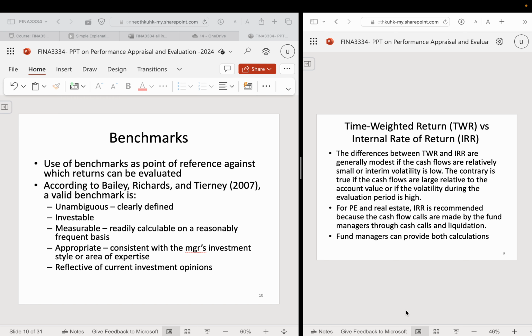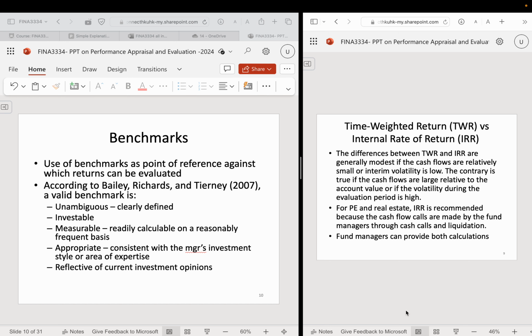So up to here. So how do we determine what benchmark to use? So many benchmarks. Say for example, if you have a client investment mandate, okay, 50% fixed income, 50% equity, and globally diversified.